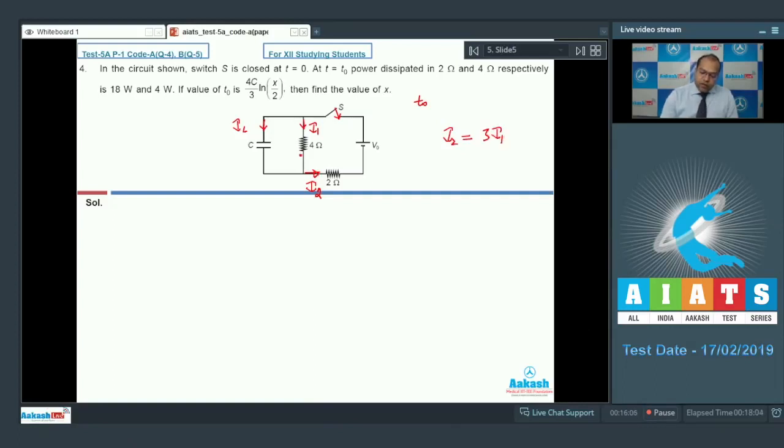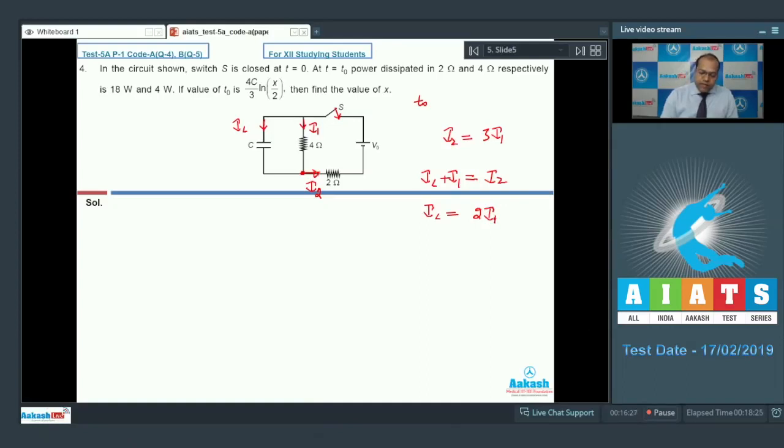Further, from KCL at this junction, IC plus I1 is equal to I2. If I substitute the value of I2 here, then IC comes out to be 2 times I1.